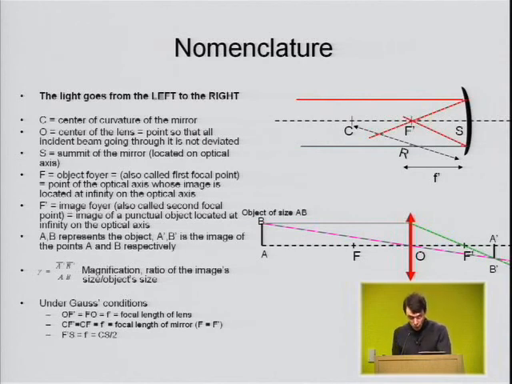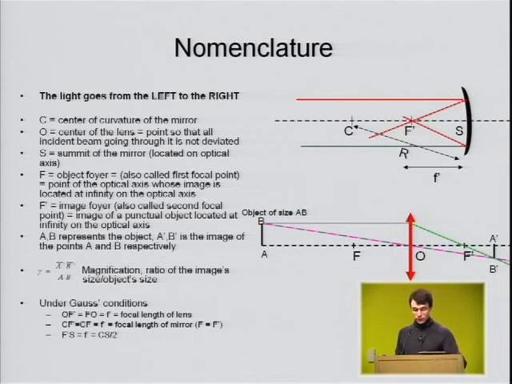F is called, so there's a couple of different names. The object focal point, also called the first focal plane or object focal plane. This point is determined so that any incident beam going through this point will emerge on the other side of the lens parallel to the optical axis.